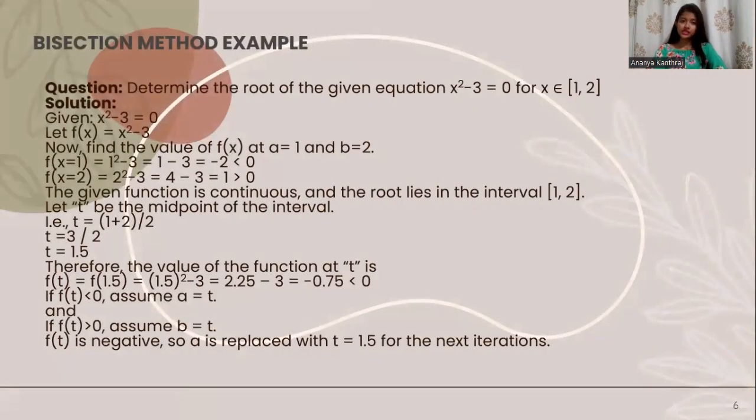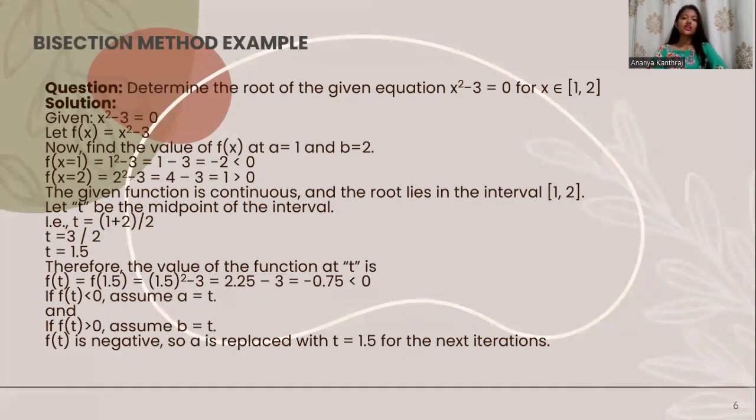So let us look into an example. I have taken a simple problem, which states: determine the root of the given equation x square minus 3 is equal to 0, for x belonging to the closed interval [1, 2]. Let us look into the solution. It is given that x square minus 3 is equal to 0. Let f(x) be equal to x square minus 3.